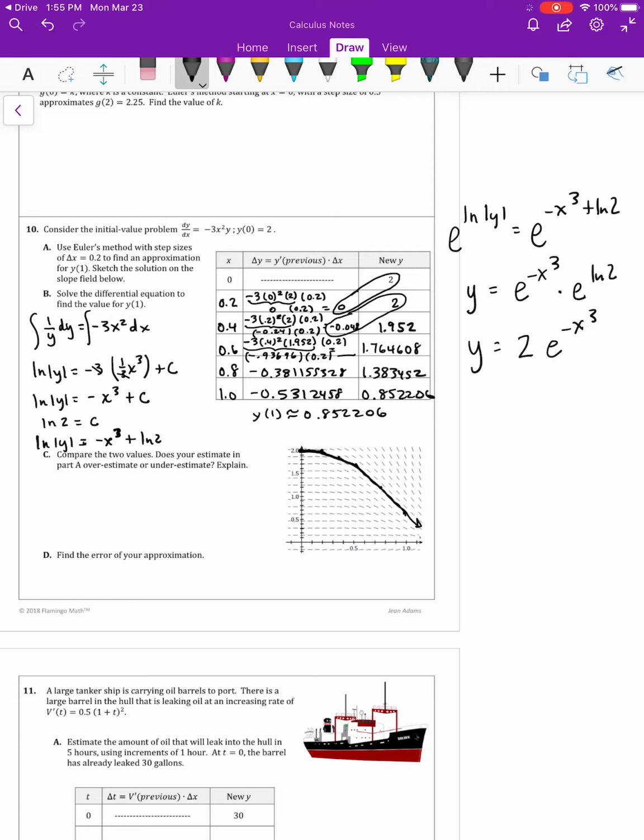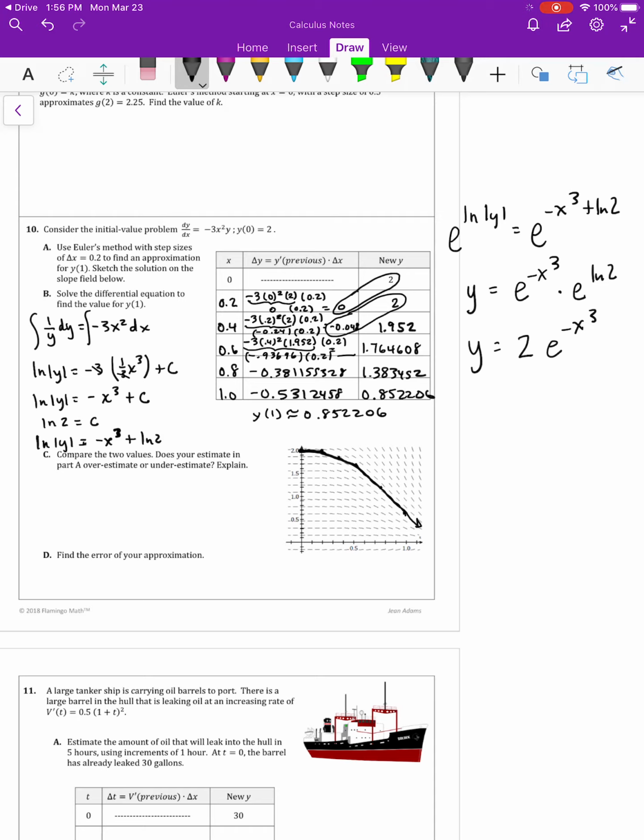And then e to the ln 2 is 2. We're going to move that in front. And this is your solution to your differential equation using that particular starting point or initial value.